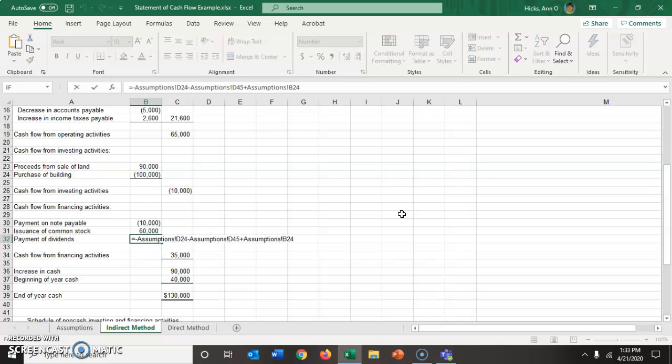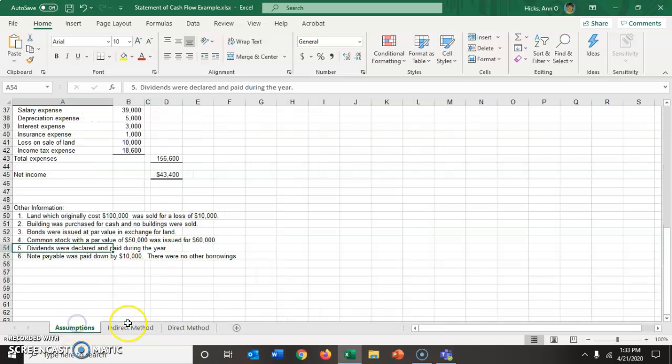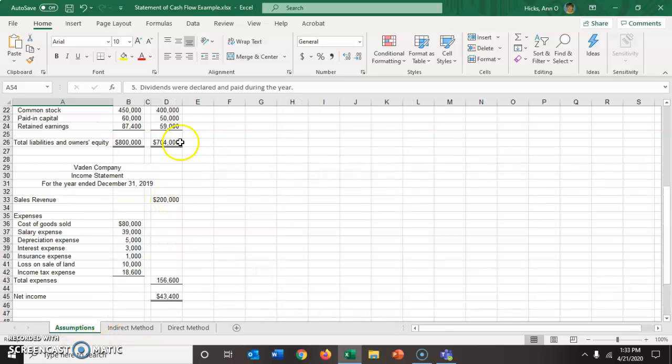notice what I've done here. I've put a formula in here wherein I have taken the beginning balance of retained earnings and I have added to it the net income, and then I subtracted out the ending balance. Because any difference, if net income plus beginning balance does not equal ending balance, the difference is dividends.